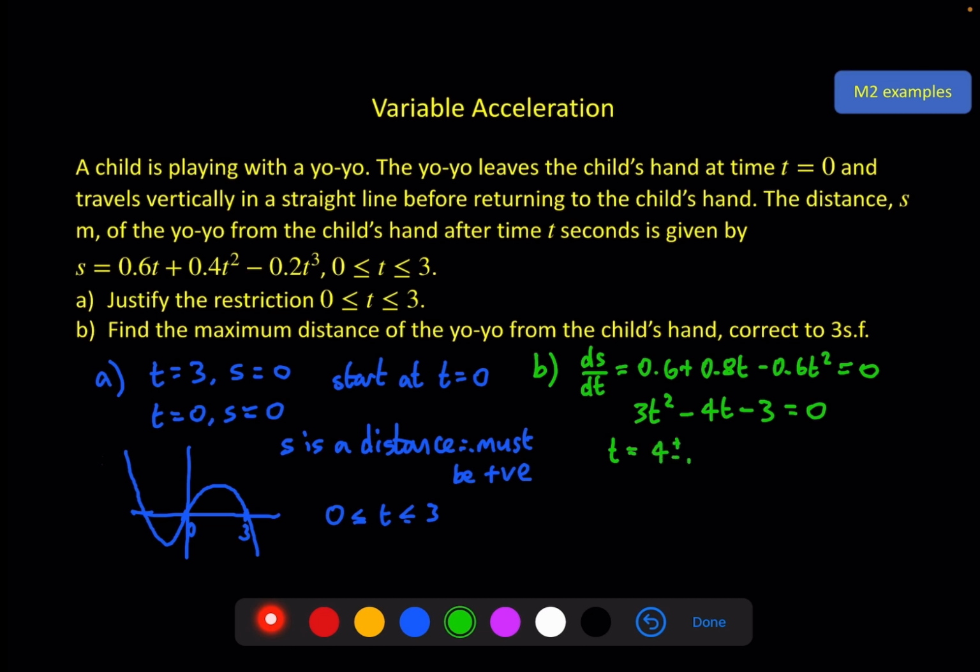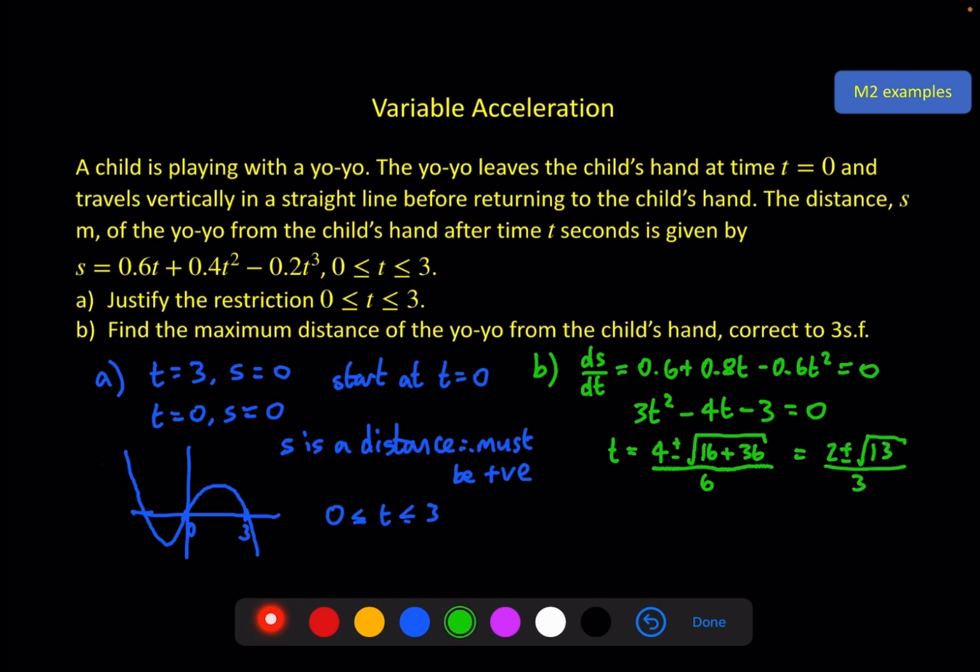4 plus or minus the square root of 16 minus 4 times 3 times minus 3, 36, all over 6, which simplifies to give 2 plus or minus the root of 13 over 3.